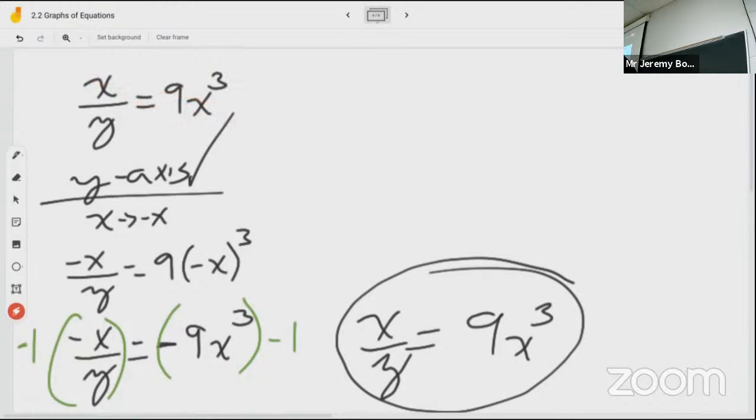But since I wrote them on different sides, you got an x to the third and an x to the 1. But since there's 2 of them, it cancels out basically. So that's what I wanted to show. I'm not going to do the x-axis and the origin unless someone wants to see it. It's going to be not symmetric with either of those. I just want you to see how, don't assume that since it's not even, that it will or won't be. Always work it out just to make sure.